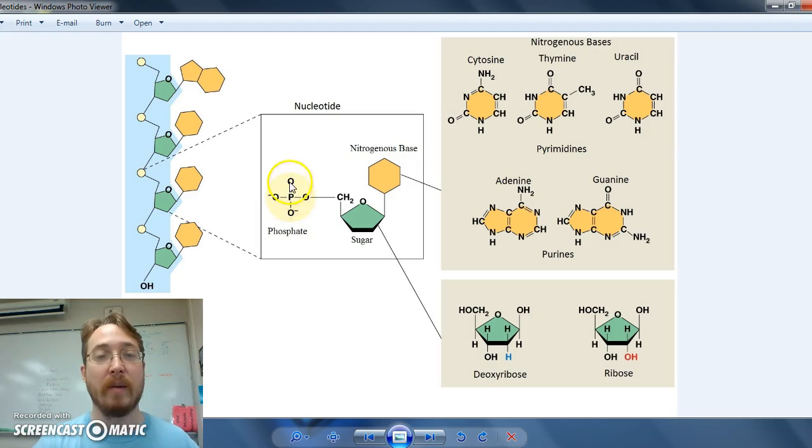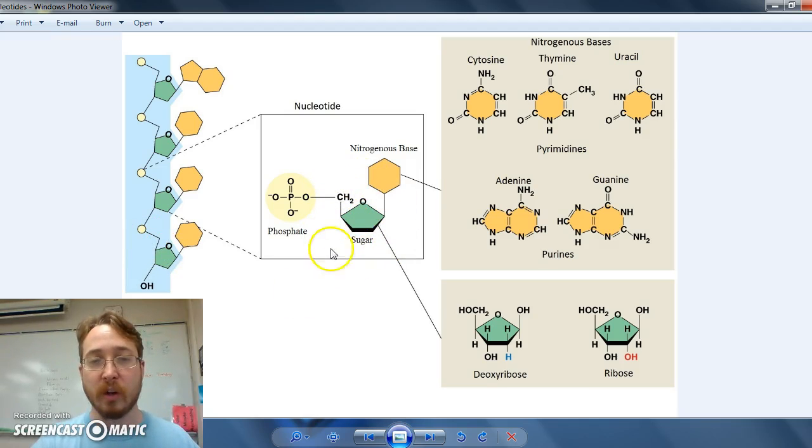It's a phosphorus atom bullied by 4 oxygen into sharing more electrons than it normally would because of the difference in their electronegativity. So this nucleotide right here is linked to this nucleotide right here by that phosphate. It sort of forms this backbone. They call this phosphate-sugar link the backbone of your DNA.